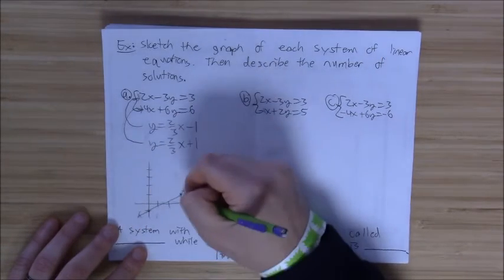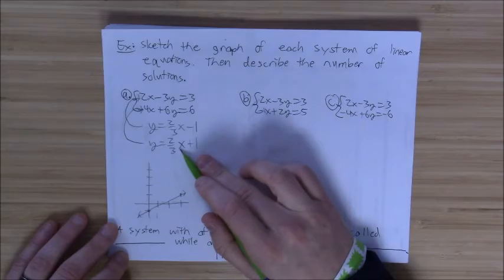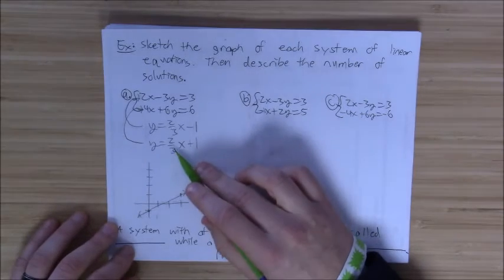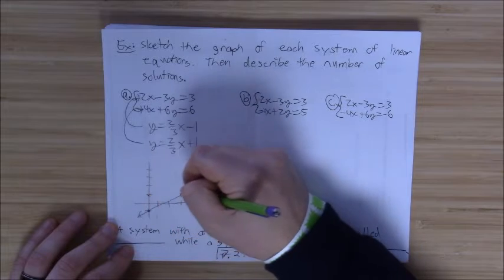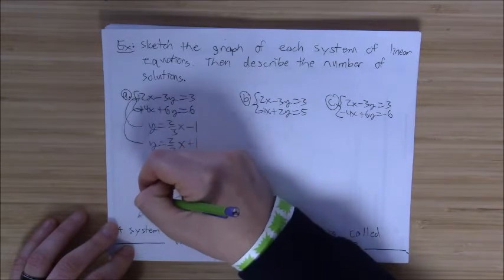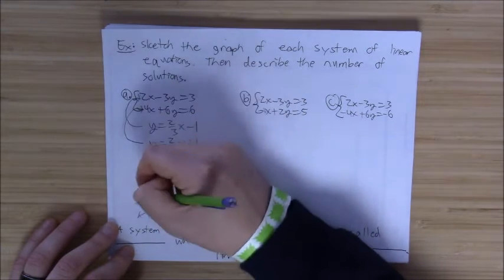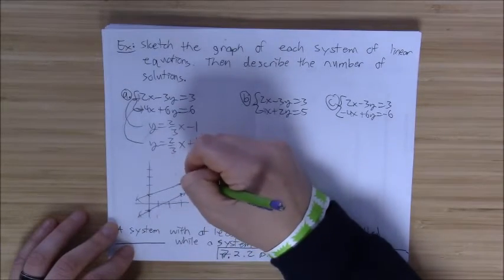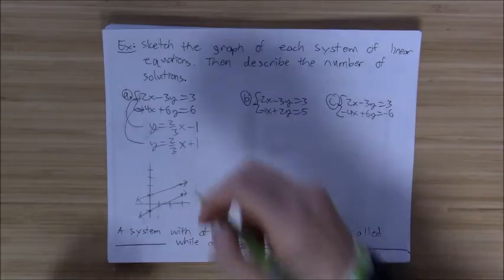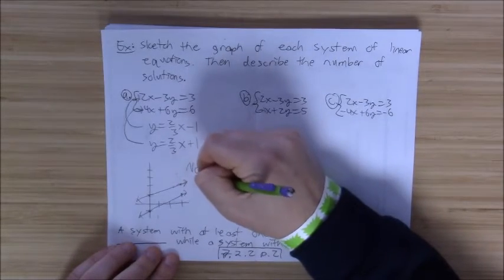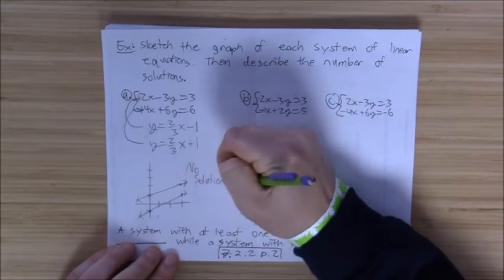On the other hand, this line is the line with slope 2/3, but it starts at +1. So over 3 up 2. And so what we have is two parallel lines, if I was better at drawing, which means there's no solution here.